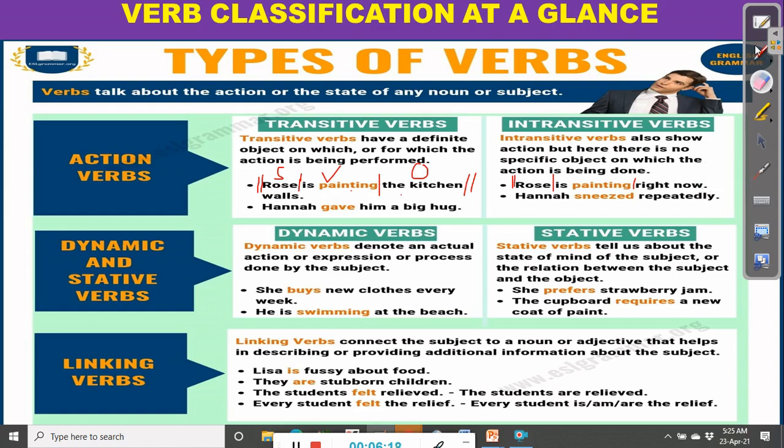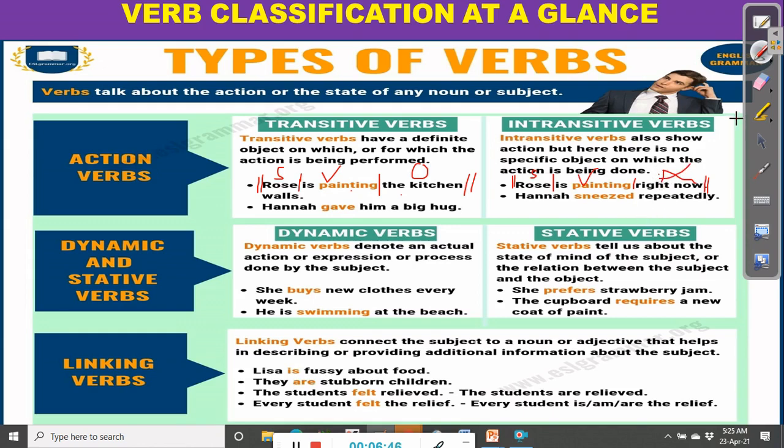An adjunct is something that gives us additional meaning to the verb. It's an adverbial. So Rose is painting right now. Rose is the subject, is painting is the verb, and right now is an adjunct of time. So we denote that with A. All right, that is an adjunct.